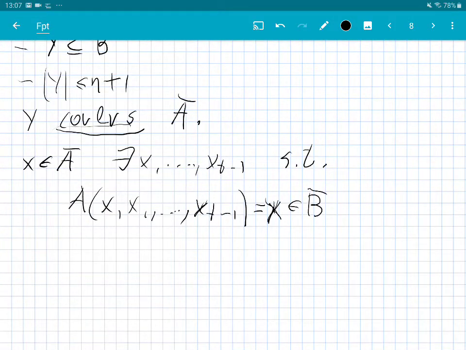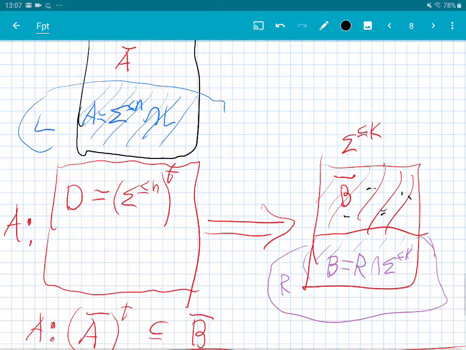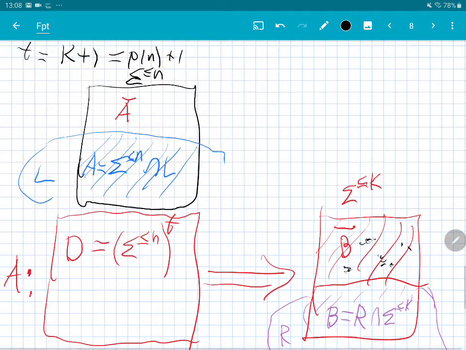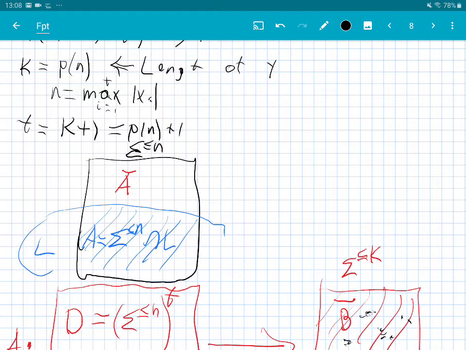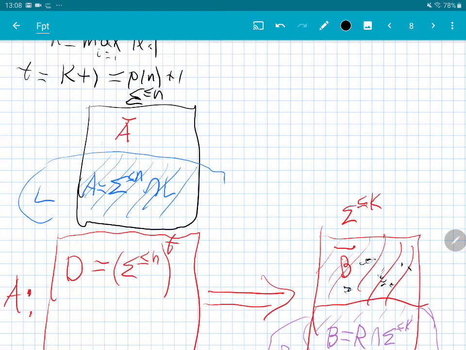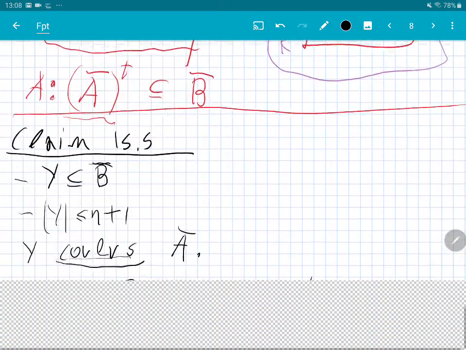So it essentially says that we need only a very small number of strings. Going back to here, we need a very small number of strings in not B, this is the set Y, n plus one of them, such that we capture all the strings, intuitively, that are in not A. It's a bit confusing, but it is what it is.